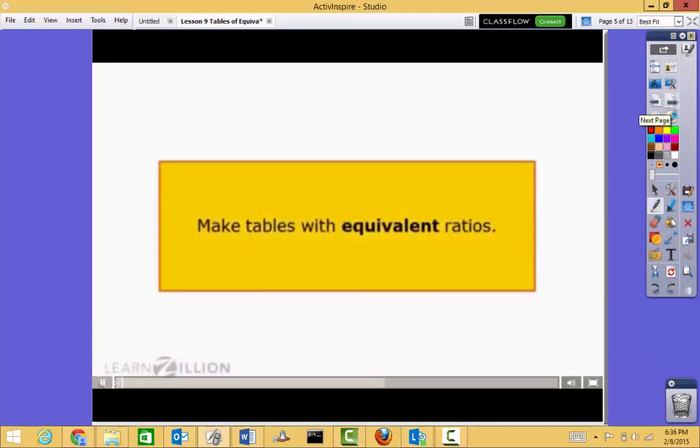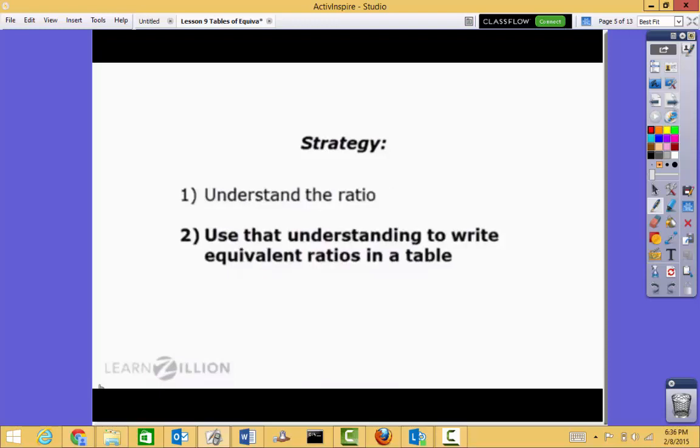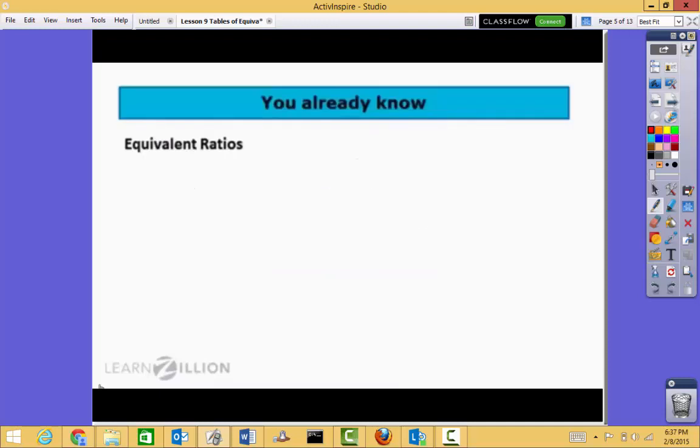Greetings, mathematicians. In this lesson, you will learn how to make tables with equivalent ratios. You'll be using the strategy of first understanding the ratio, and then using that understanding to write equivalent ratios in a table. Let's go over what you already know. You already know what equivalent ratios are. For example, if I write 1 to 2, you know that an equivalent ratio will be 2 to 4 or 4 to 8.